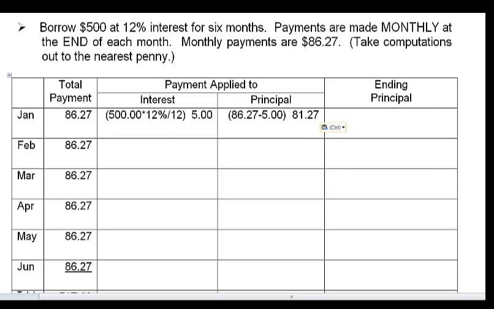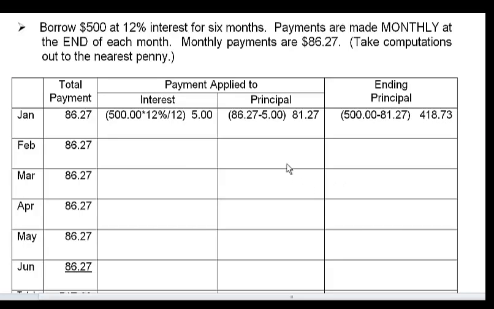The remainder, $81.27, is going toward principal. My ending principal will be calculated the same way we did it before. It's going to be my beginning principal, $500 for the first period, minus the $81.27 that went to principal from this payment. Says that at the end, my principal balance will now be down to $418.73.